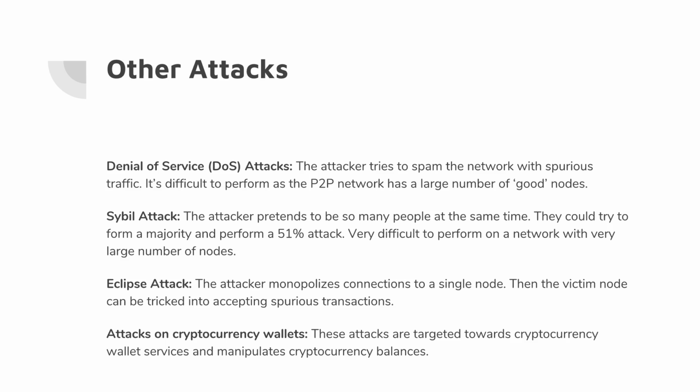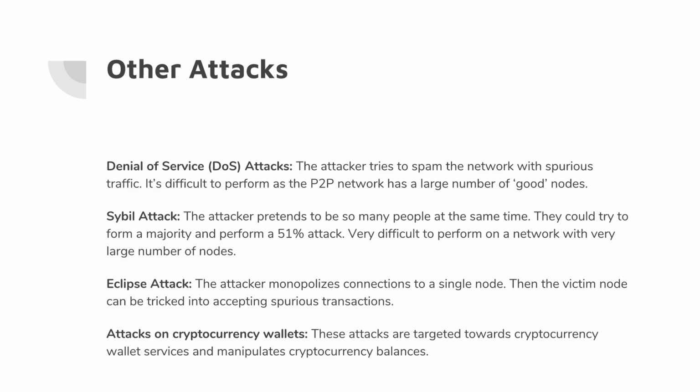But again, this is very difficult to perform on a network with a large number of nodes, because to have a 51% majority on a network like the Bitcoin network would require a huge amount of resources. And in the end, if a 51% attack happens and the network is discredited, if people find out that somebody has a majority in the network, then most of the effort goes in vain. So that is not a very probable attack in a large system such as the Bitcoin network.